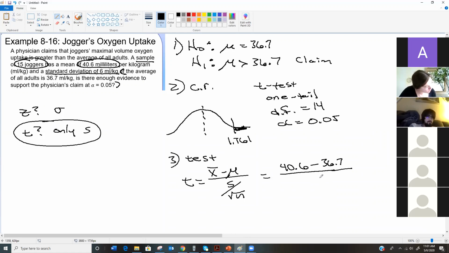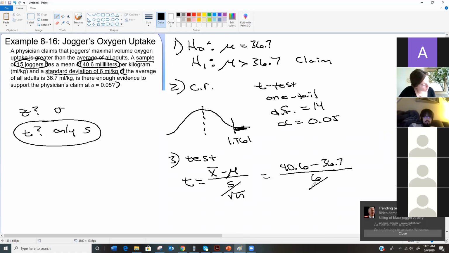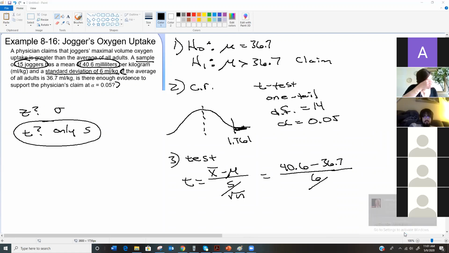S is 6, and square root of, oh, I made a mistake. No, I didn't. I'm good. I thought I switched those by accident. And N is 15.